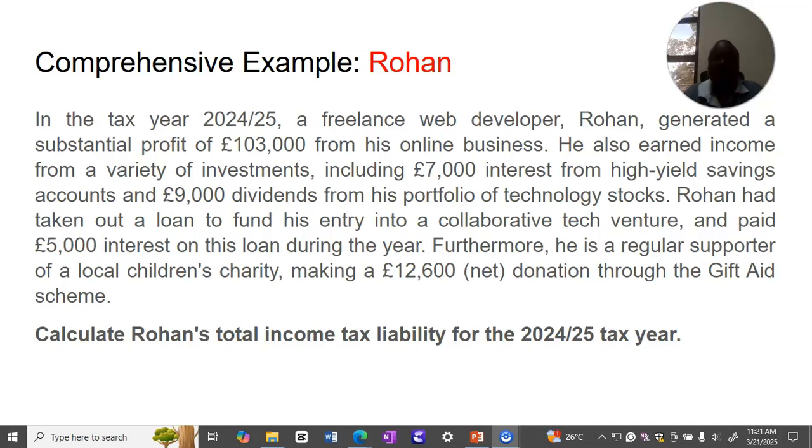Calculate Rohan's total income tax liability for the 2024-2025 tax year. So there's been a lot of information, and you might end up being dazzled, or maybe because of exam pressure, you might be tempted to just write whatever comes to your mind and leave everything to the Almighty.